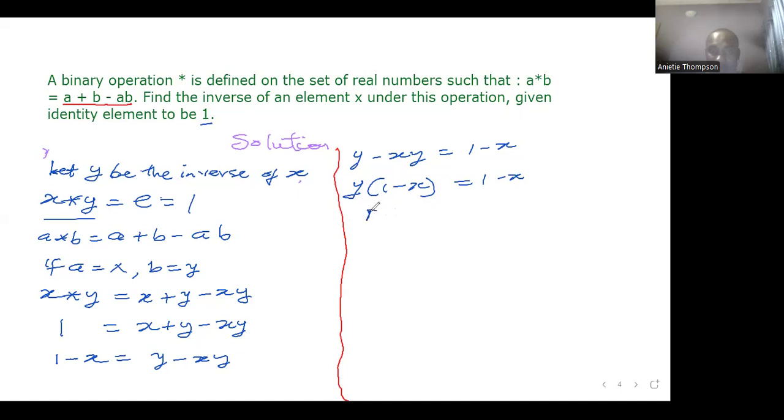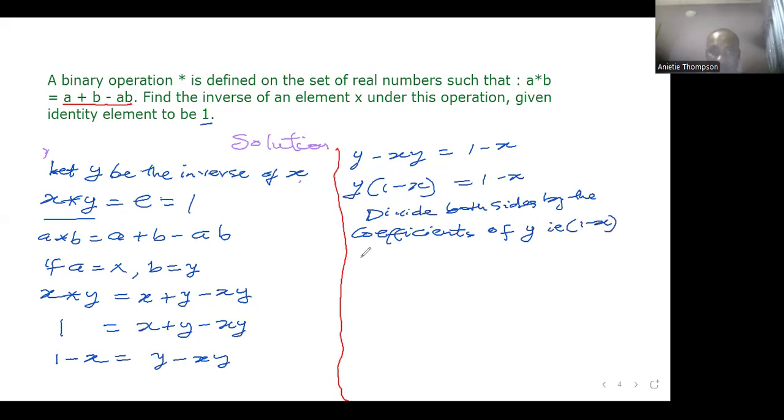The coefficient of y in this case is 1 minus x. So we divide both sides by the coefficient of y, that is 1 minus x that we are seeing here.